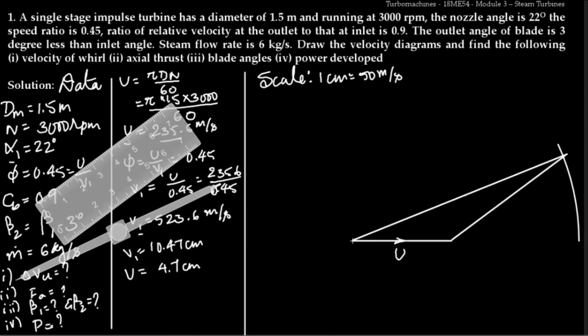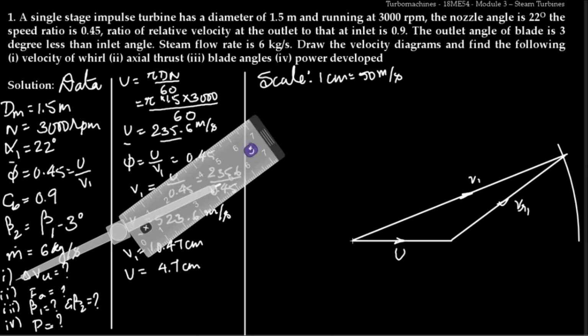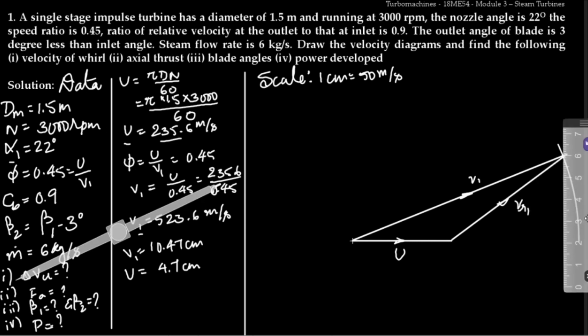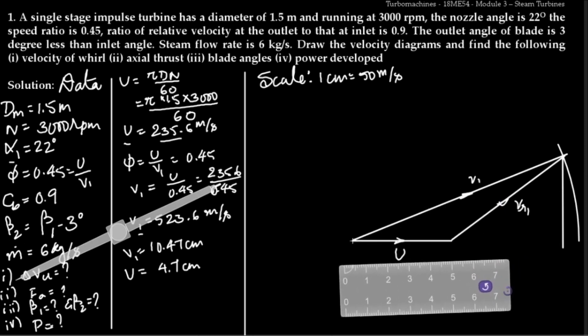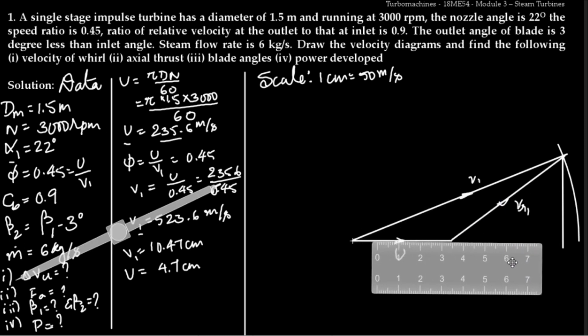Now this is my V1 and this is my VR1. Now from this point I'll draw a vertical line. From here I'll just draw a vertical line, and from here I'll extend this horizontal line.